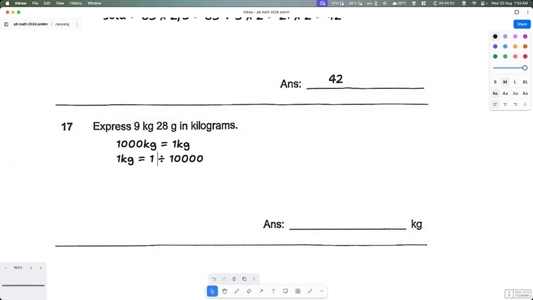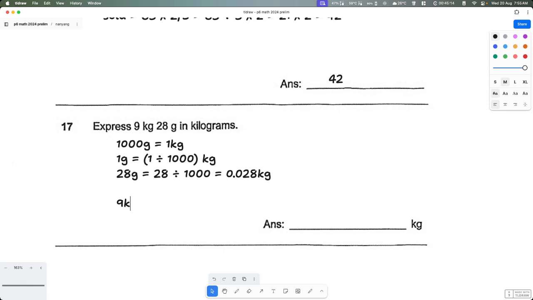So 28 grams is equal to 28 divided by 1000, which is equal to 0.028 kilograms. Okay, so 9 kg 28 grams is equal to 9 plus 0.028, which is 9.028 kilograms. There you go. So that's the answer. Okay, 9.028 kilograms.